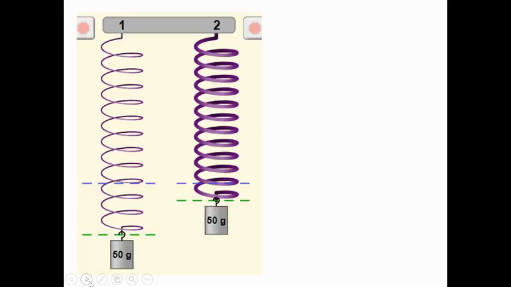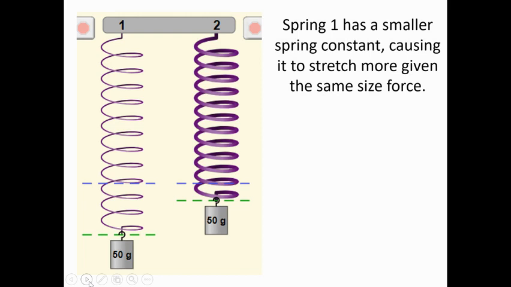For those 2 springs, let's say that we added a 50-gram mass to each so that both are feeling the same spring force pulling downward. Since spring 1 has a smaller spring constant, it would stretch more given the same size force.